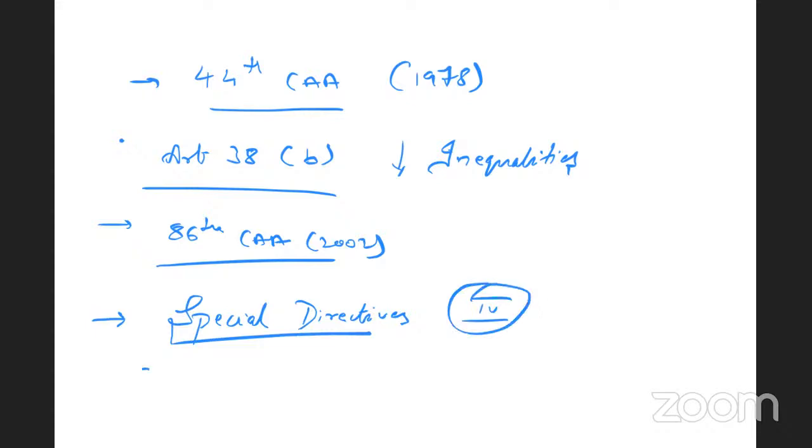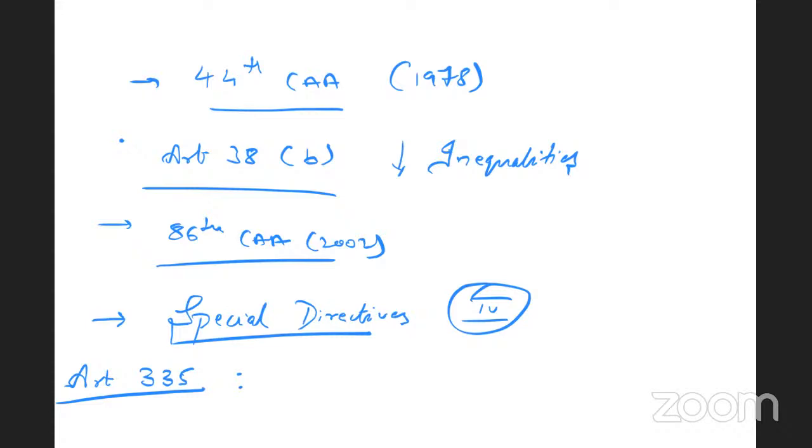You have Article 335. It talks about the state to take into account the claims of SCs and STs in making appointments to various posts in the Government of India and state services, while also maintaining efficiency in administration.